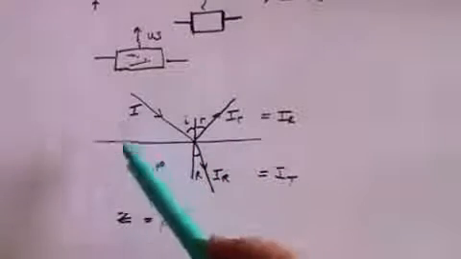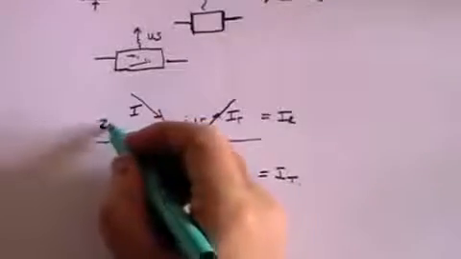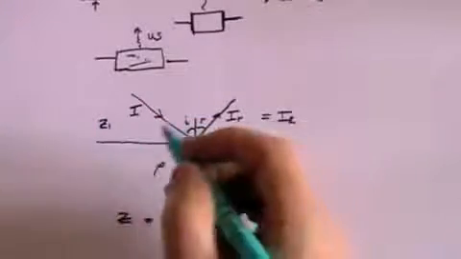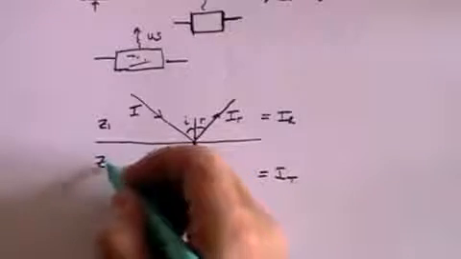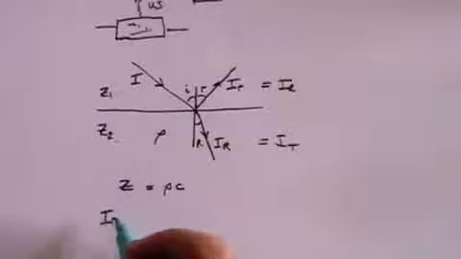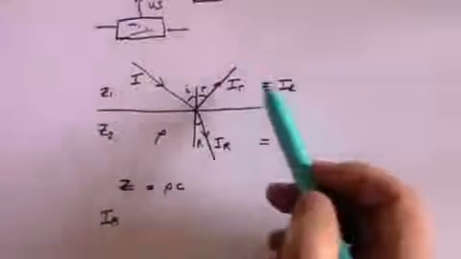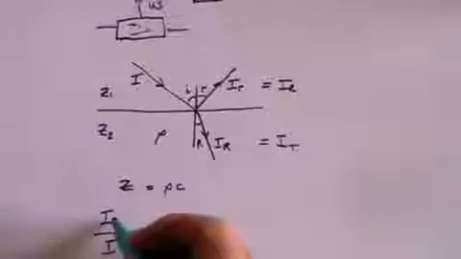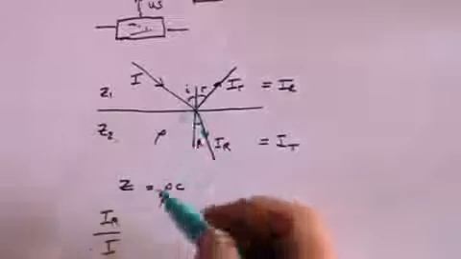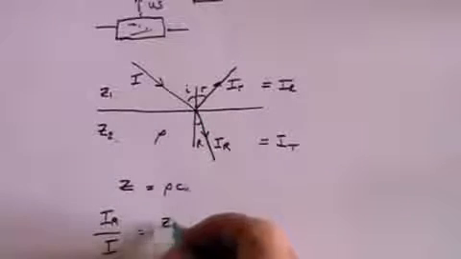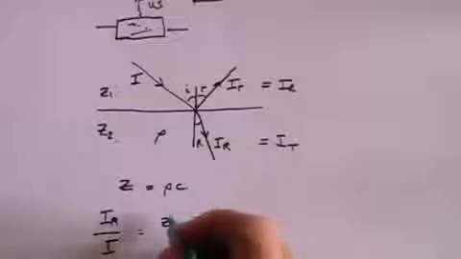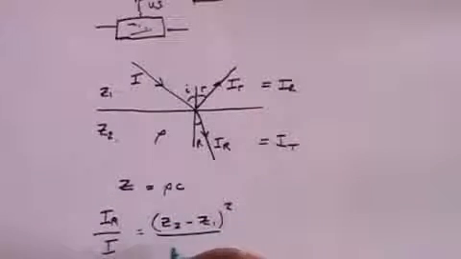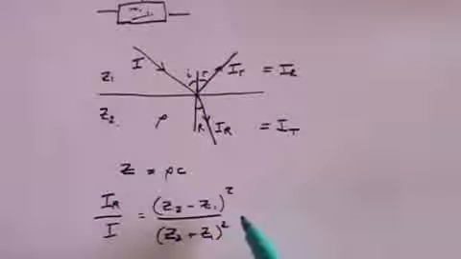And if you're going from one medium to another, one medium that has Z1 as its acoustic impedance, and the other has Z2 as its acoustic impedance, then the ratio of the intensity of the reflected beam to the intensity of the original beam is given by (Z2 minus Z1) squared divided by (Z2 plus Z1) squared. And that ratio is known as the intensity reflection coefficient.